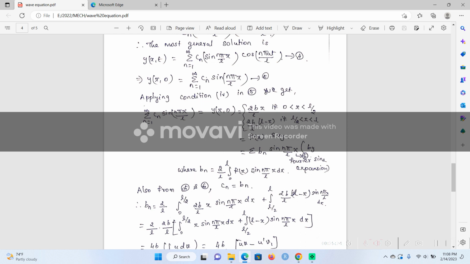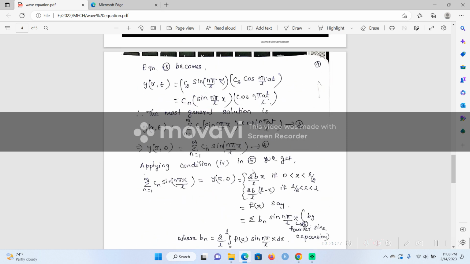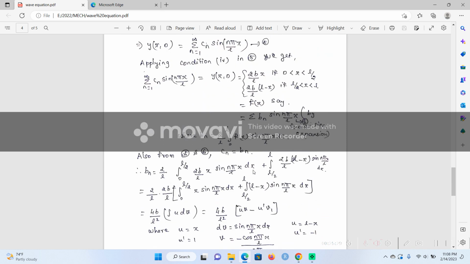Now from equations 5 and 6, if we compare these, both are the same equation because y of (x, 0) is replaced like this. Here sin(nπ/L x), and here also you have sin(nπ/L x).